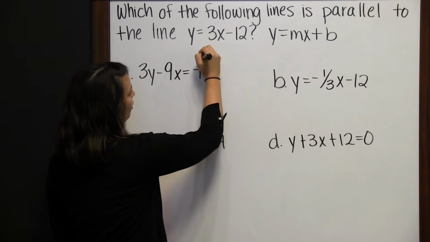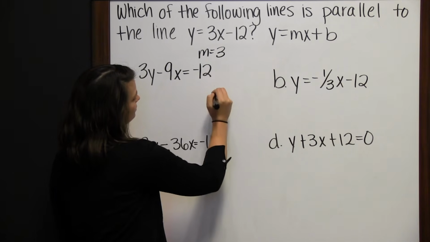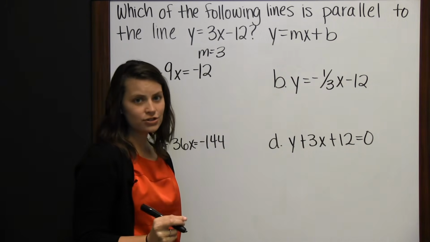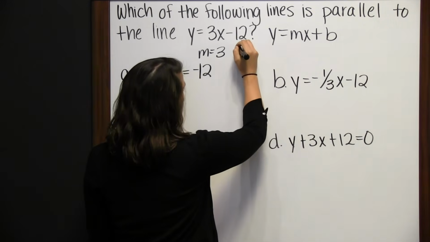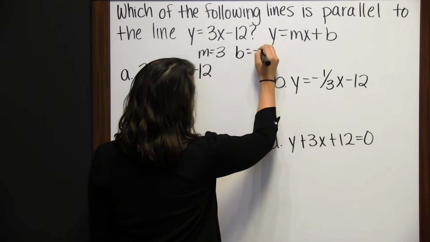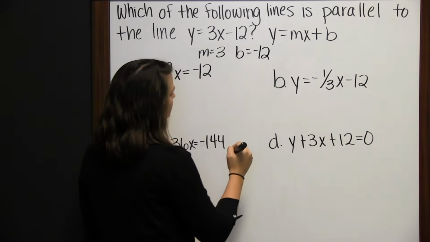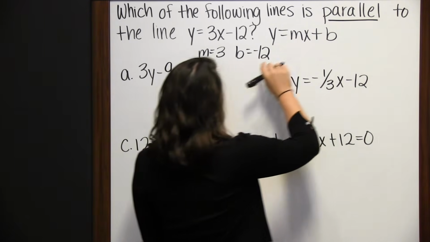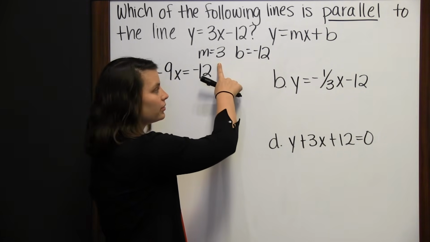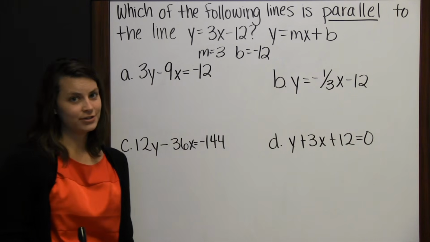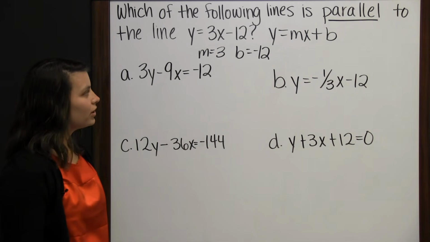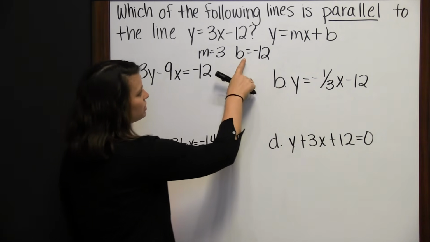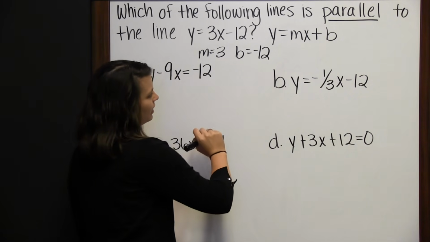The slope of our line is 3, and b is the y-intercept of the line, and our y-intercept is negative 12. Now, for lines to be parallel, they must have the same slope, but different y-intercepts. So we're looking for a line that has a slope of 3, but does not have a y-intercept of -12.